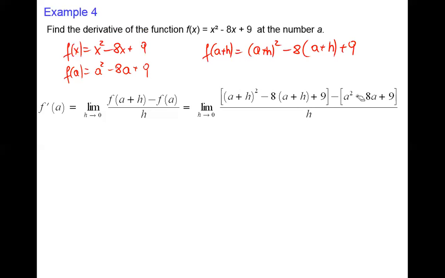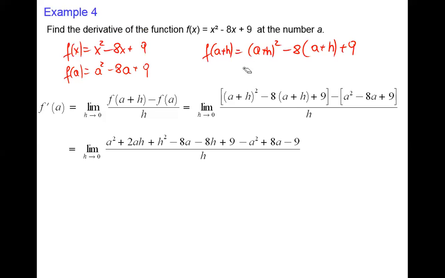And then it's just a way to simplify. We have to expand a plus h squared, which is a squared plus 2ah plus h squared. We have to remember to distribute the negative 8, and then another negative for the last 3 terms. This will become negative, positive, negative.